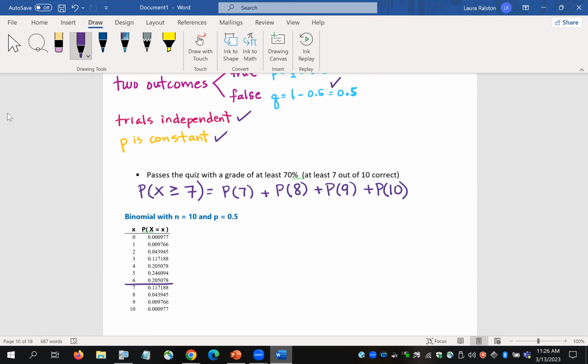So you have the numbers, you're going to have to add them together. So you are going to need your handheld calculator. So I'm going to add those values together, trying to add very carefully.